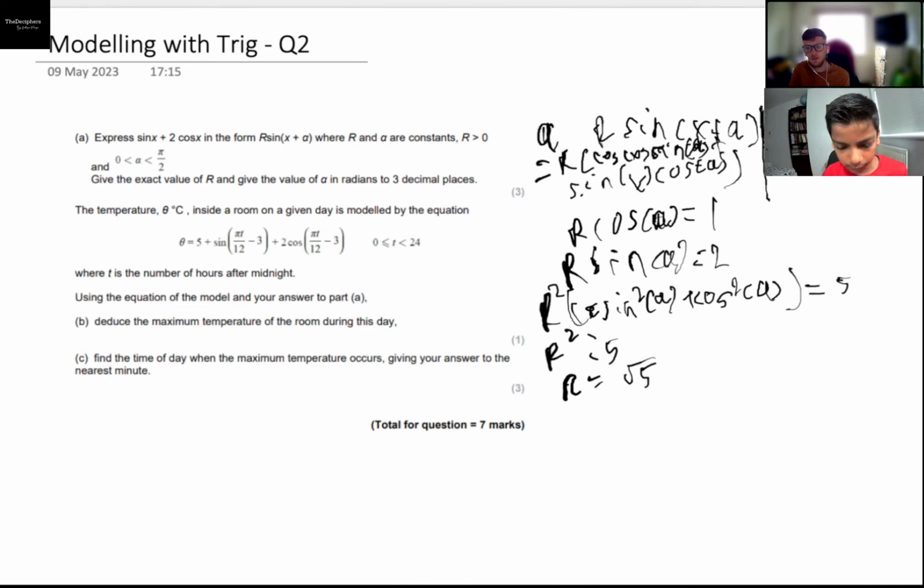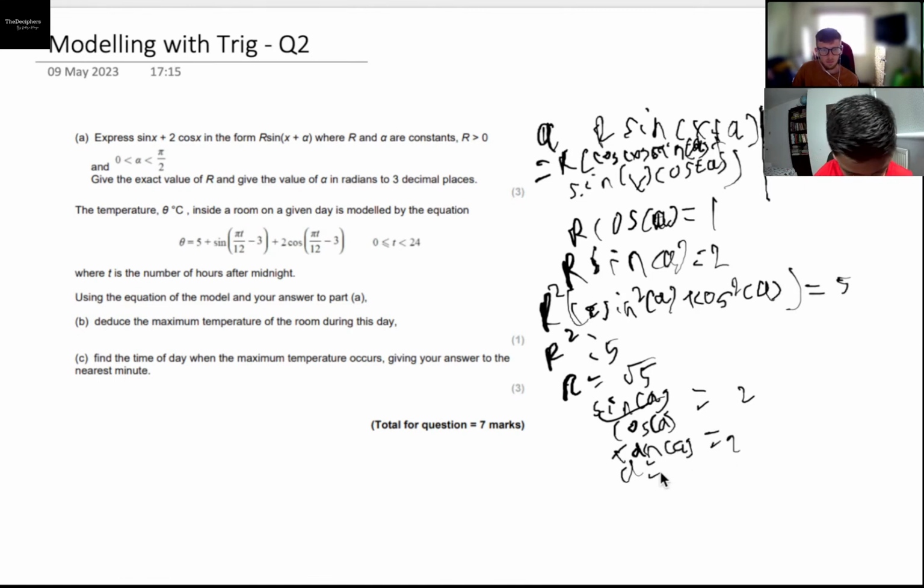And then for alpha, sine alpha over cos alpha, tan alpha is 2. So alpha is 63.43 degrees. You'll remember in radians this time. Oh yeah, so let's rub that out.